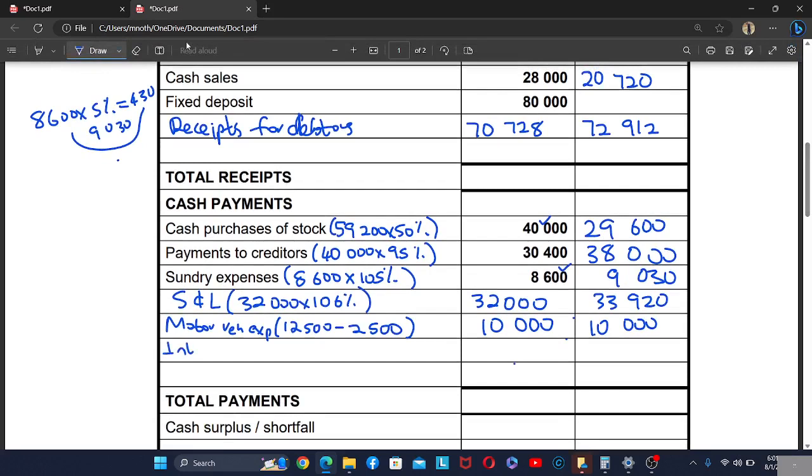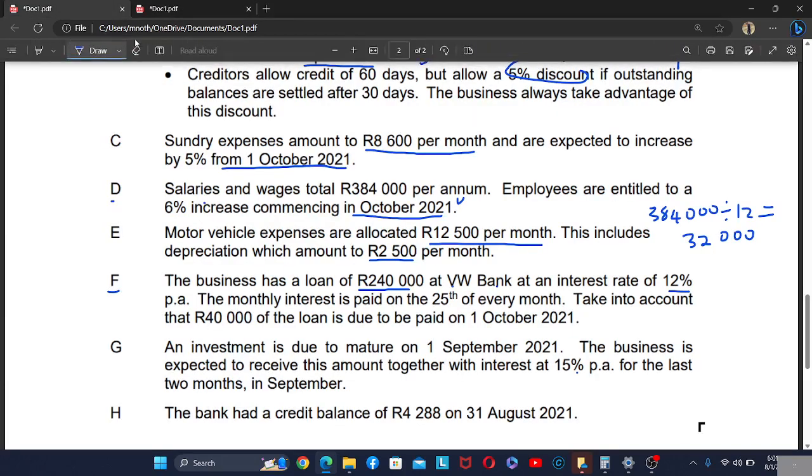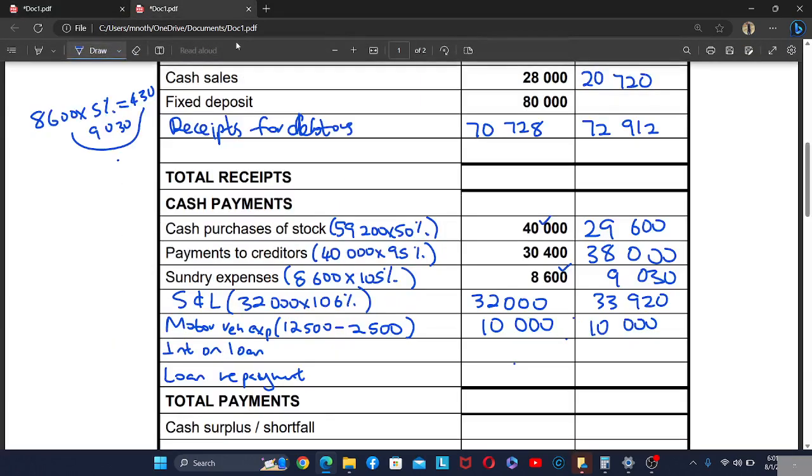Interest on loan, and then we also have a loan repayment. We are told that this repayment will be on the 1st of October, so it will be in October here.